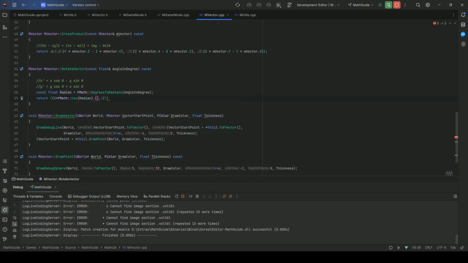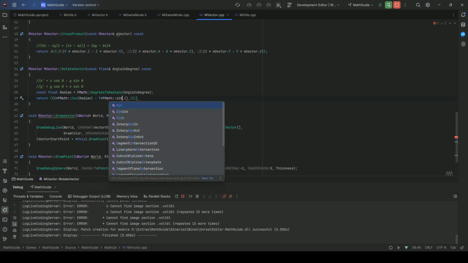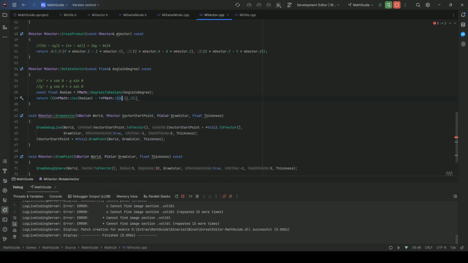Here, similarly, when we are calculating x, this minus y multiplied by FMath::Sin of radian, since it accepts radian. So this is x. Okay, next is y.